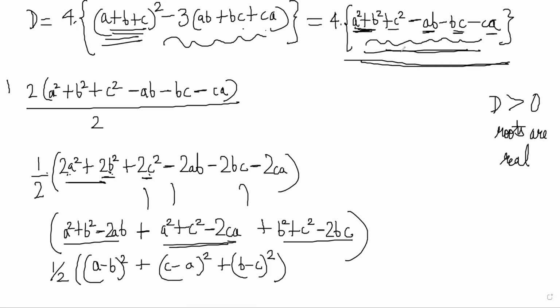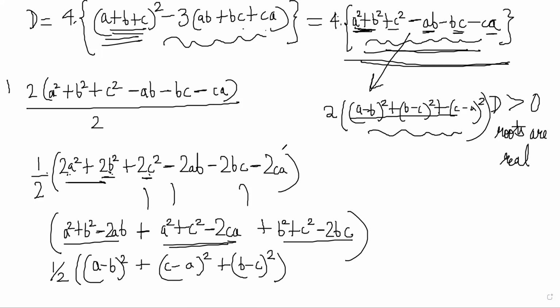So what we have done here is taken 2 inside and made it 2 times. The inside part will become a minus b whole square plus b minus c whole square plus c minus a whole square, right? Just like the way we did it here. So now this is always positive, so roots are real, right?